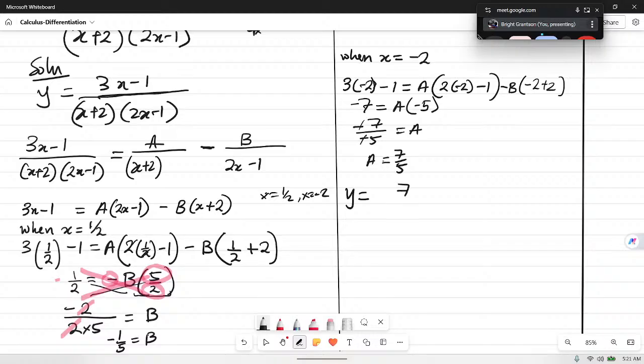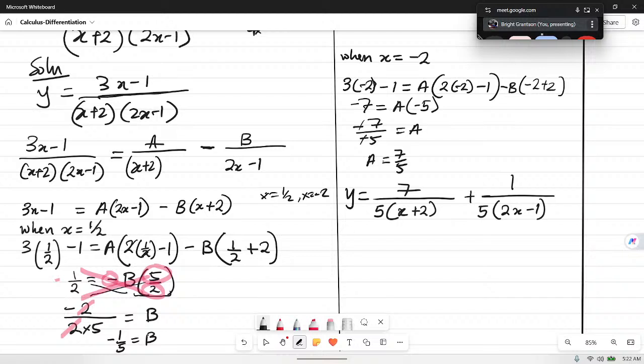If you write the 7/5 as a numerator, the denominator will come down. Times x plus 2 minus negative 1. Oh, that is supposed to be positive. Very good. Over 2x minus 1.